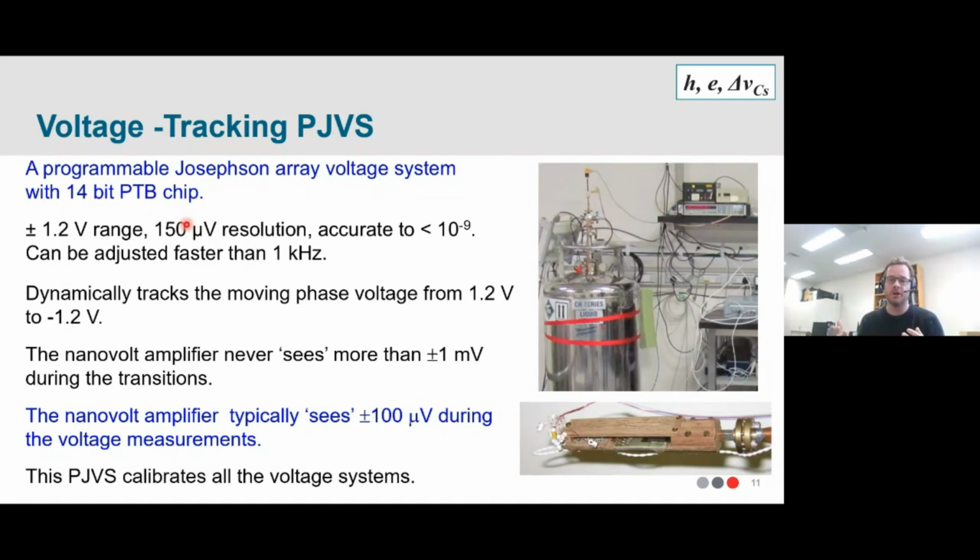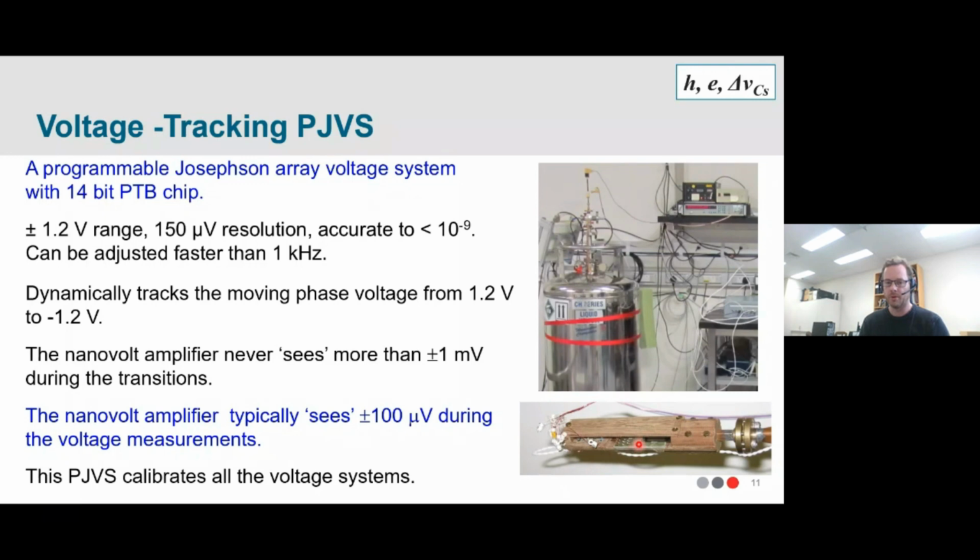And because we can know what those Josephson levels are to better than parts in 10 to the 9, all we really need to do when we do our measurements is scale our voltage measurements so that we're always locked to a Josephson level, and then we just measure a small resistance with a small voltage difference with the nanovoltmeter. And so we have a very accurate reference voltage, and then we're just measuring small residual voltages on top of that. During the moving phase, for example, we'll always track with a Josephson array and only measure small differential voltages.